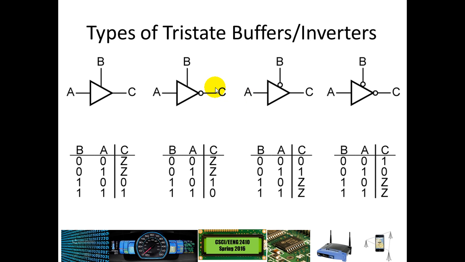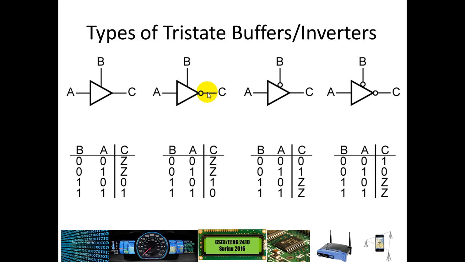So here are some other buffer implementations. This is the buffer we just discussed. If B is a 0, that's disconnecting, and so your output C will be this Z, or high impedance state. Otherwise, your output when B is a 1 will simply follow whatever A is coming through. A being a 0, C goes to 0. A being a 1, C goes to 1.